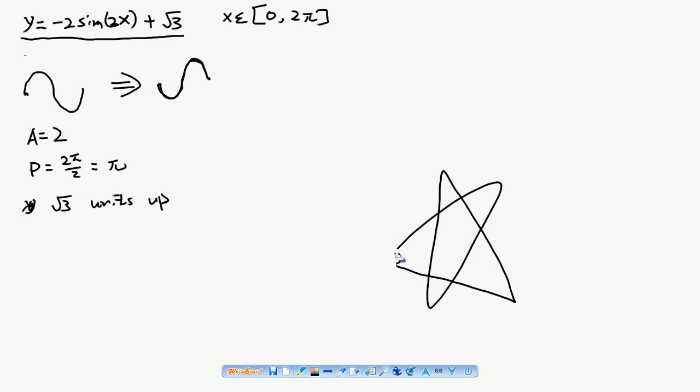Now let's sketch the graph. If you didn't do any practice questions, when you look at this it seems hard.